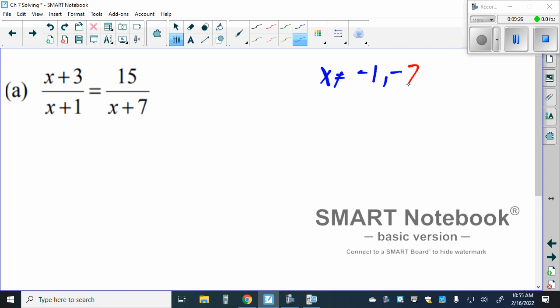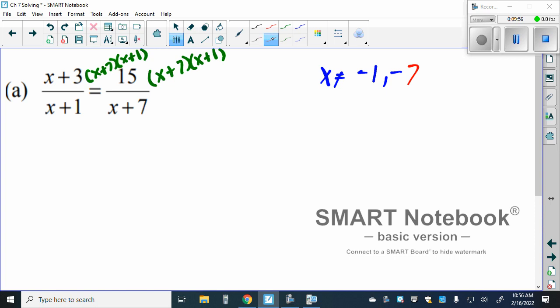Okay, what can we do next? Times what? Right, we need to multiply all the terms in the equation by x plus 7 and x plus 1, because doing this, we'll get the denominators to simplify.